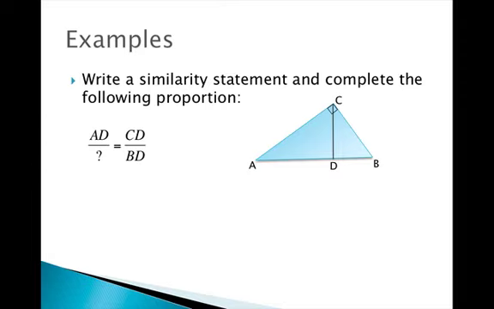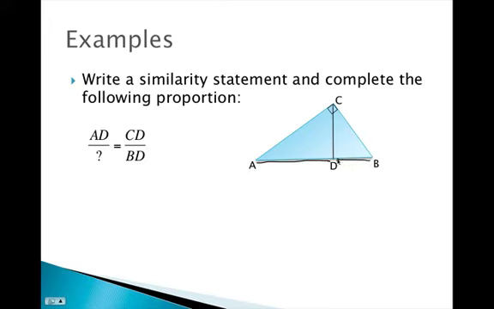Okay, let's clear the similarity statement out, and let's solve our proportion now. So we've got the proportion AD over blank equals CD over BD. So let's take a look at our triangle here and see what exactly they're looking at. So we've got segment AD over something equals CD, which is our altitude, over BD.